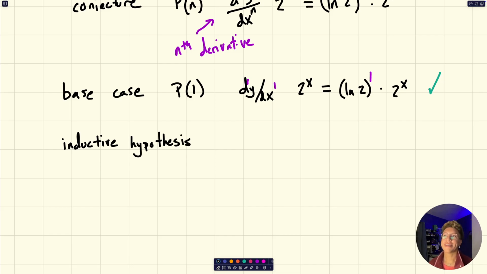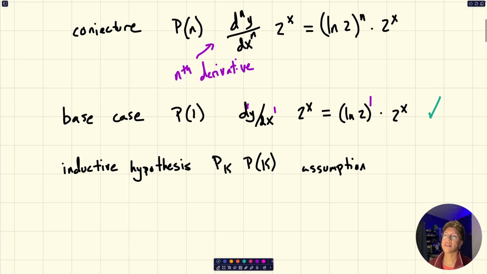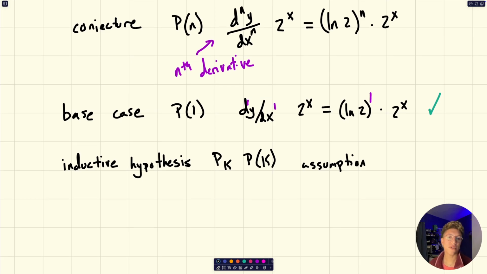Our inductive hypothesis is written as our general case. So this is P sub k or P of k. And we're saying, can we make an assumption? Our assumption is to take our conjecture right here and state it for the general case.